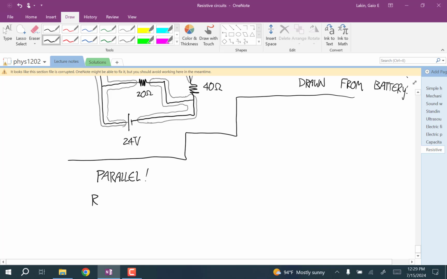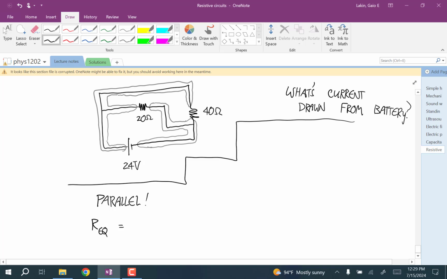The equivalent resistor is 20 times 40 divided by 20 plus 40, and that's 800 divided by 60, or 13.3 repeating ohms.